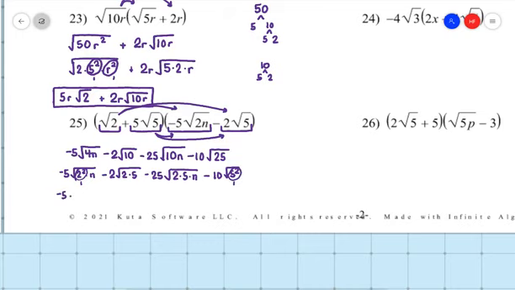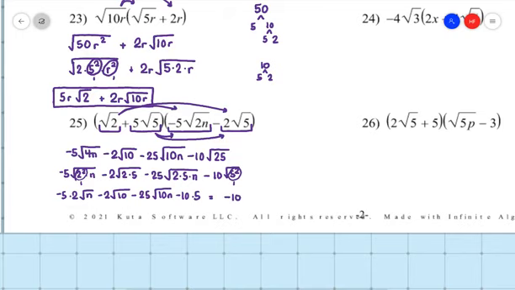So we've got negative 5 times 2 square root of n, minus 2 square root of 10, minus 25 square root of 10n, minus 10 times 5. So we're still not done simplifying. None of my radicals are the same, so we'll just keep them.